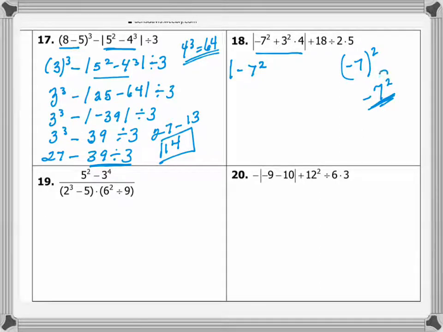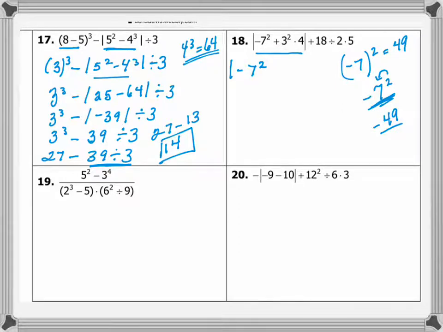That means this square only applies to the 7. It does not apply to the negative. So it's the opposite of 7 squared, or negative 49. If it had parentheses, it would be negative 7 times negative 7, and that would be positive 49. But it does not, so it's negative 49. Make sure you understand that.